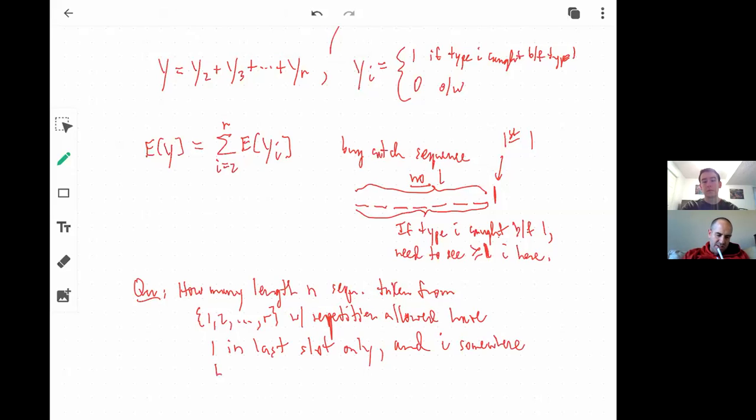We need to be able to count these sequences or else we're going to be in trouble. You know what I'm saying? If we can't count those, we're in trouble.